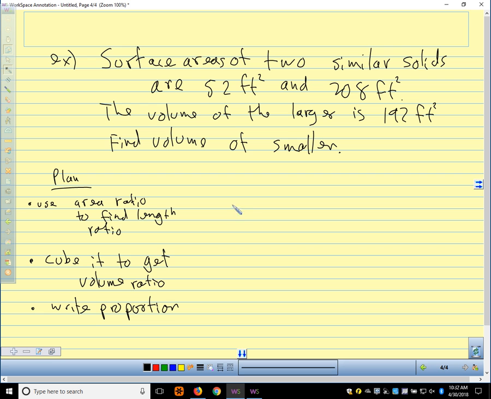All right, so let's start our plan. We're going to use the area ratio, and I'm going to do small to large, because we end up wanting to find the smaller one. So small to large. The area ratio is 52 over 208. And we know that that equals a squared over b squared, where a over b is the length ratio.